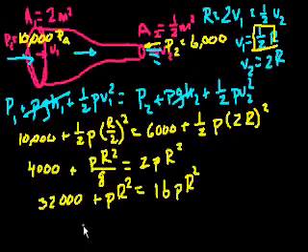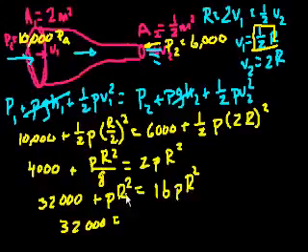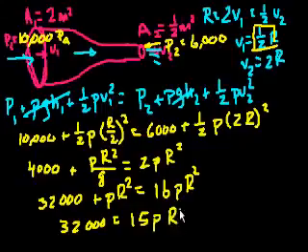And subtract rho R squared from both sides of this equation, we get 32,000 is equal to 16 rho R squared minus 1 rho R squared, so this is 15 rho R squared. And then what's rho? What's the density of water? The density of water is 1,000 kilograms per meter cubed. So let's divide both sides by 15 times rho.